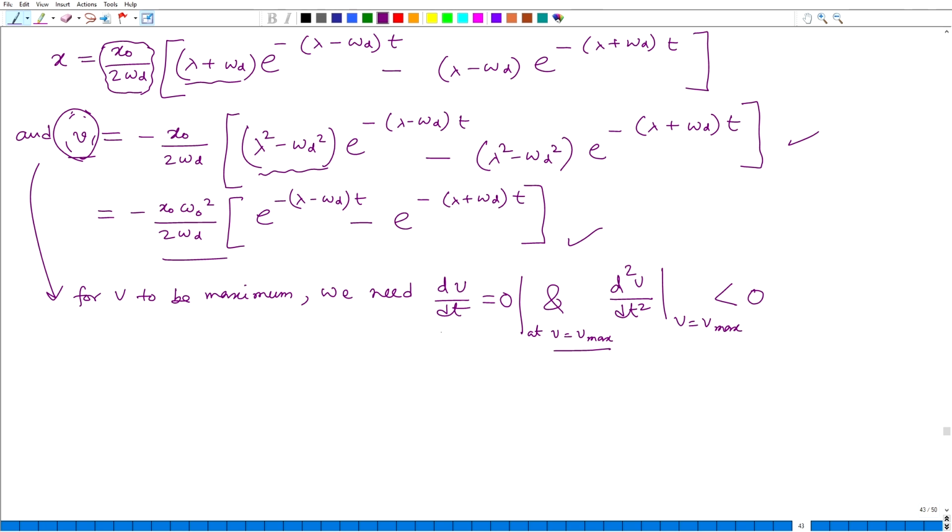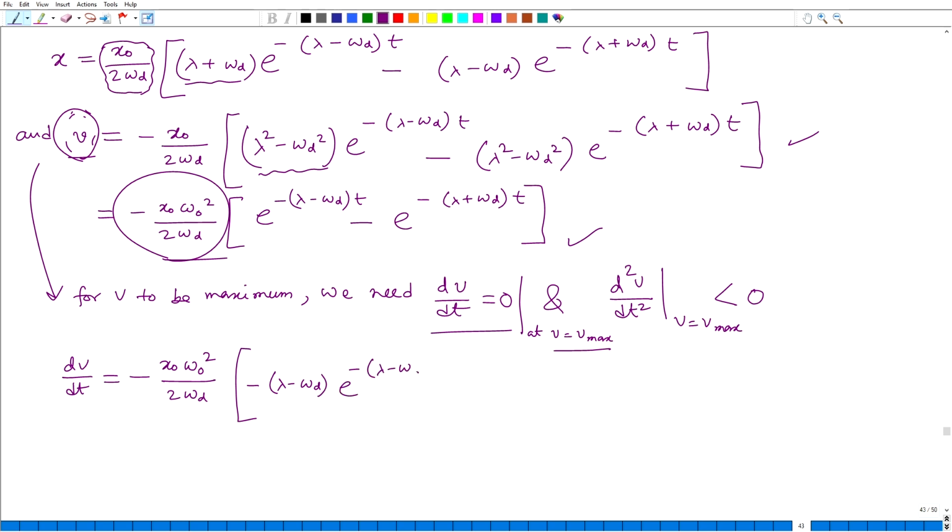So, I will first do this one. Okay. So, dV/dt is 0 means this is constant minus x 0 omega 0 square by 2 omega d, and then you do so minus lambda minus omega d e to the minus lambda minus omega d times t minus e to the... so yeah, we have to take again this.